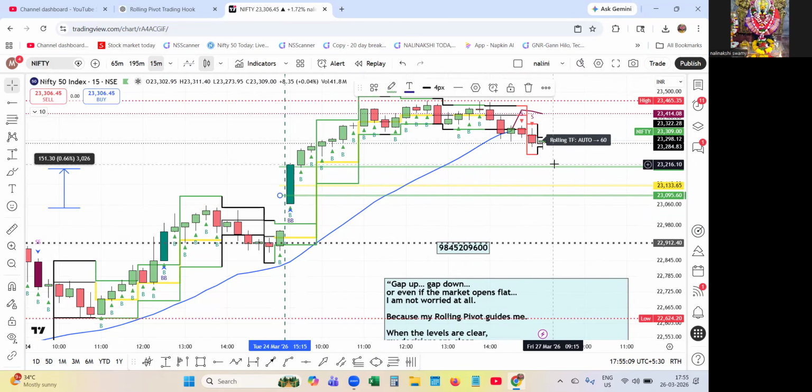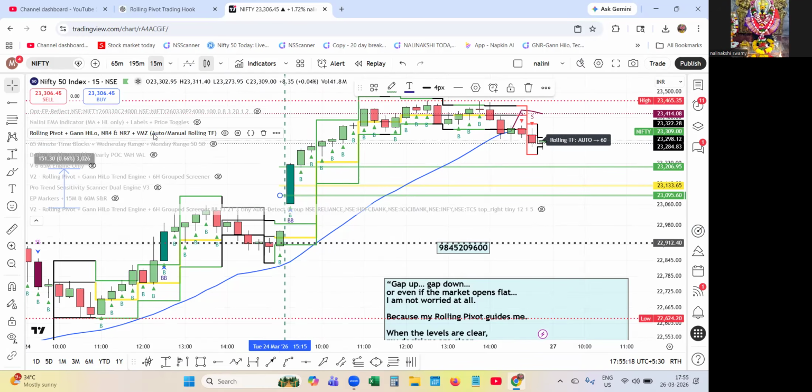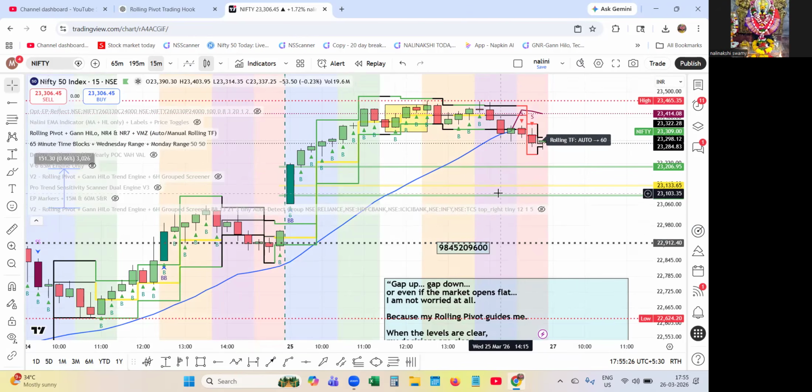Actually, I've made a video regarding the 65-minute time frame hack. So I divide the hours, and if I enable this, this is the first hour, clearly color coded, visually you know that.